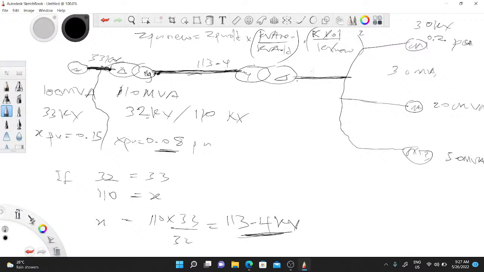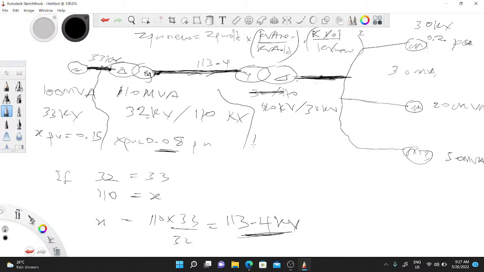Now, how do we know the base value at this side too, on this line? Same. The rating of this transformer is 32, 110, but this is a step down transformer, because here we have the 110 connected. So this transformer has rating 110 kilovolts to 32 kilovolts. We want to find how much this will give here.